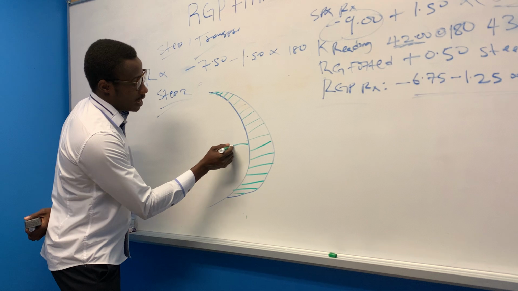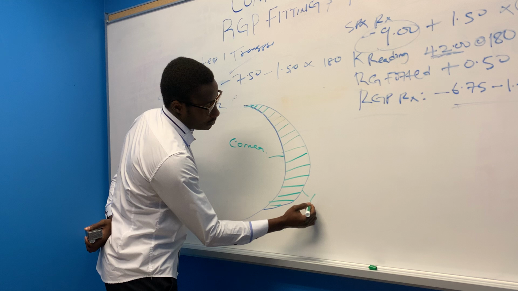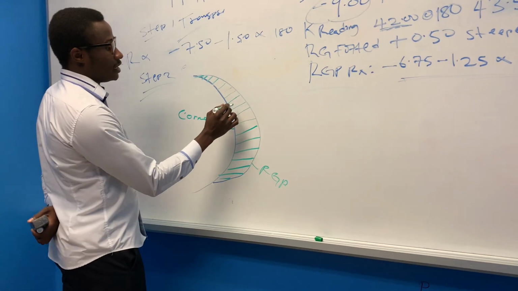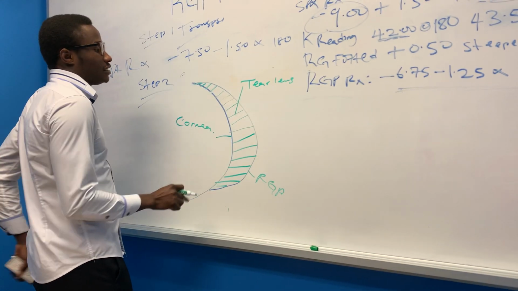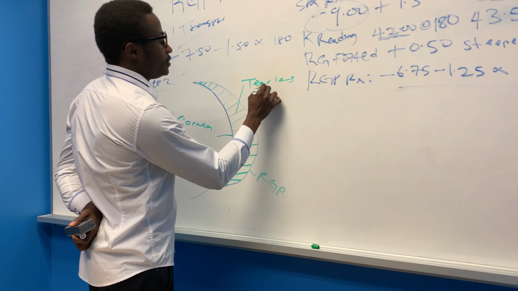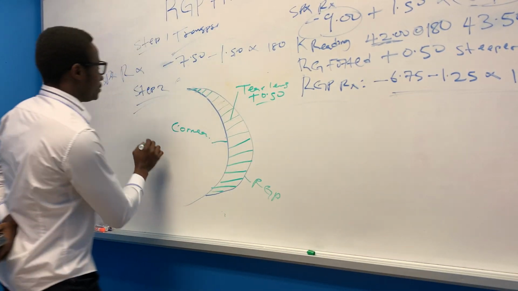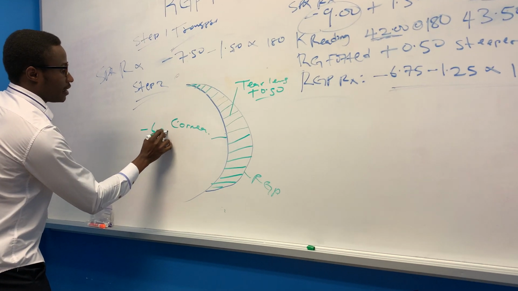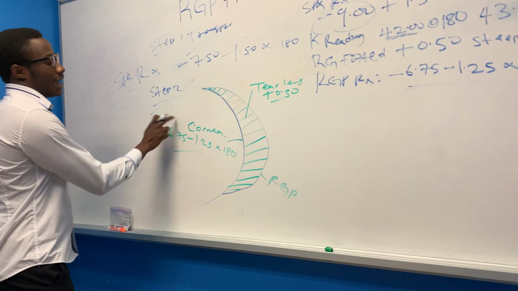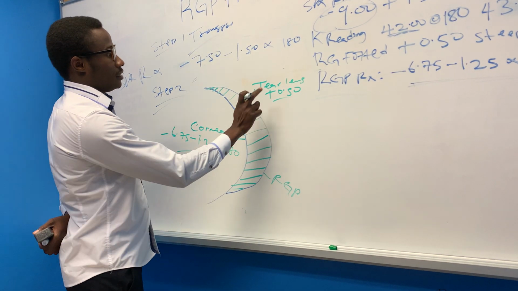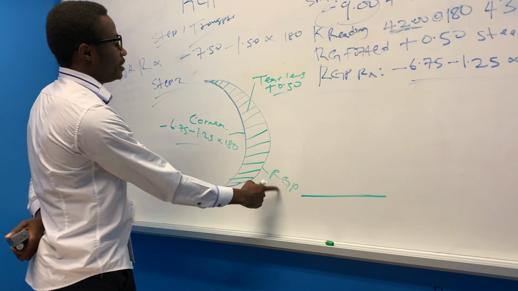So this is our cornea, this is our RGP lens, then this is our tear lens. And this tear lens we have created is a positive tear lens of 0.50, and our Rx at the cornea is this, which is minus 6.75 minus 1.25 at 180. Rx at the cornea, tear lens. Now we want to find out what is going to be our final RGP Rx.